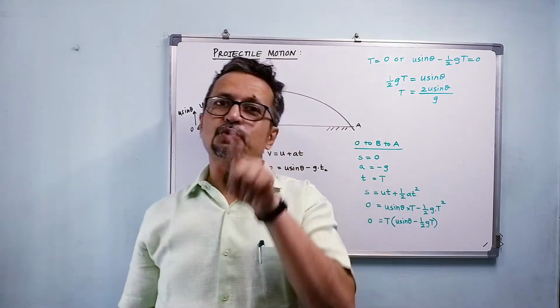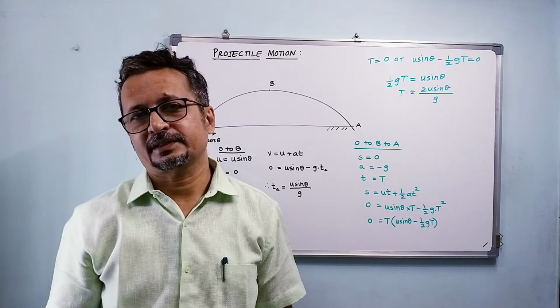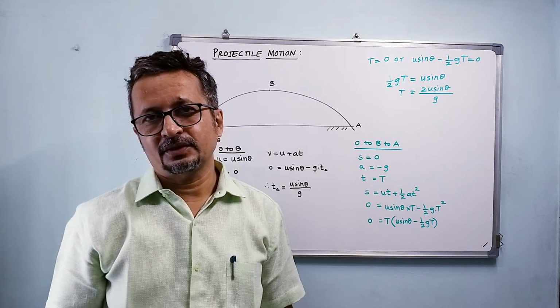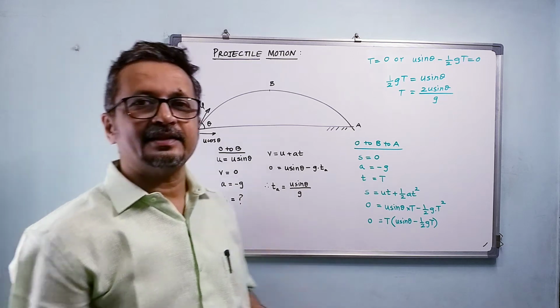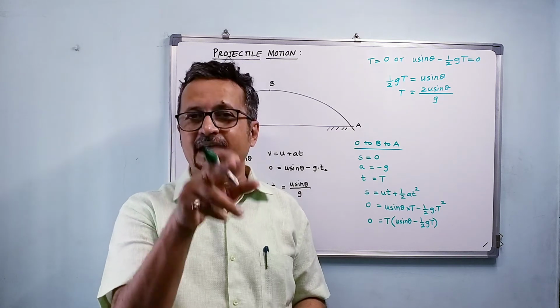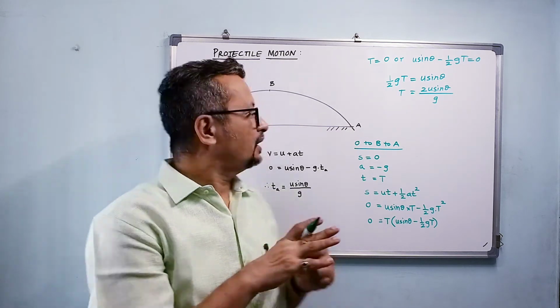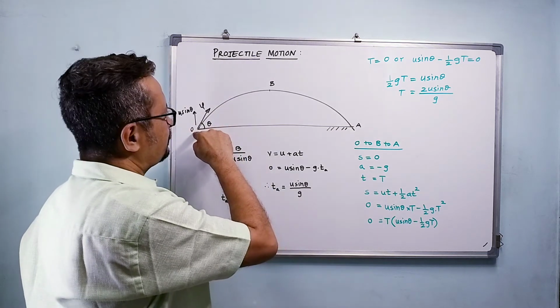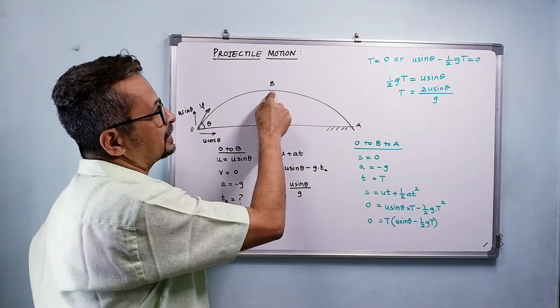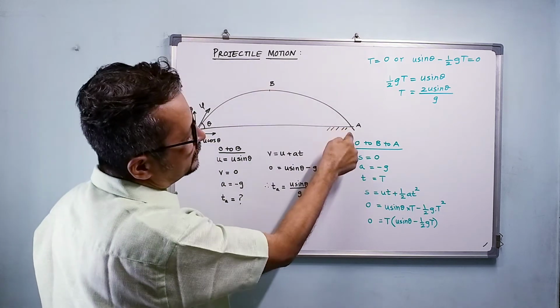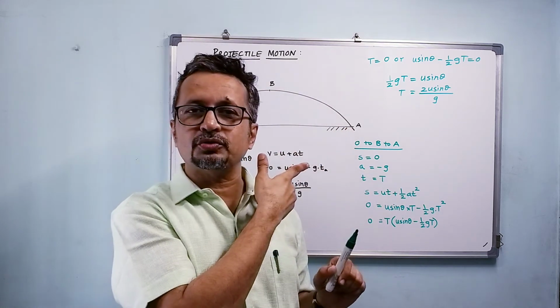So that is the total time of flight. Okay, so what I did, first of all, I got time of ascent and then I got total time of flight. So I have time from here to here and I also have time from here to here, correct.